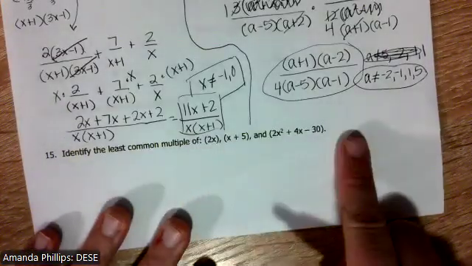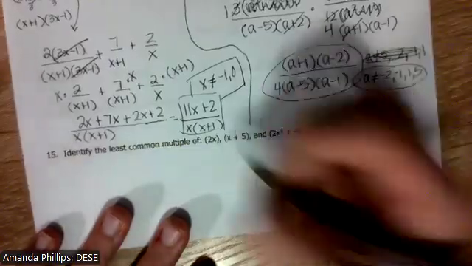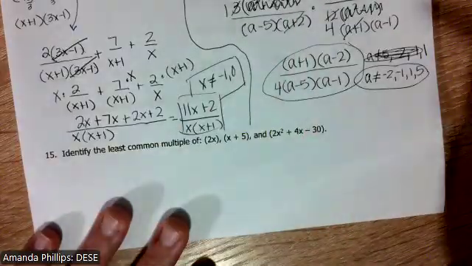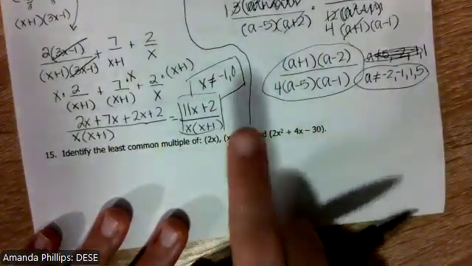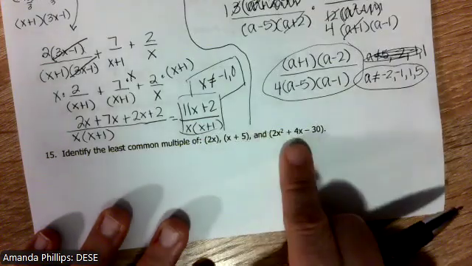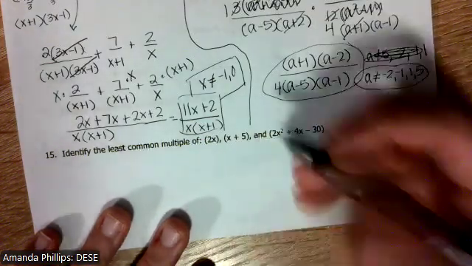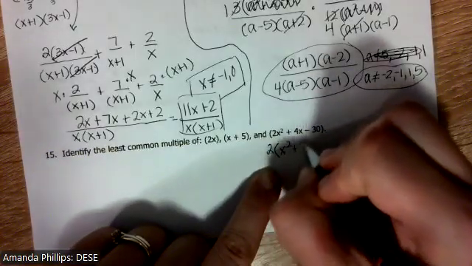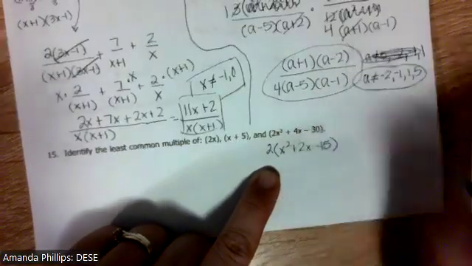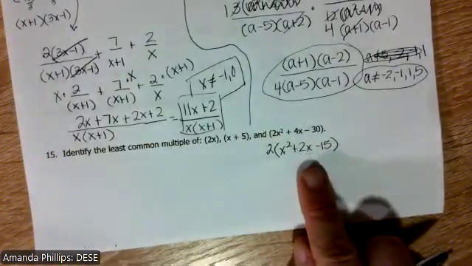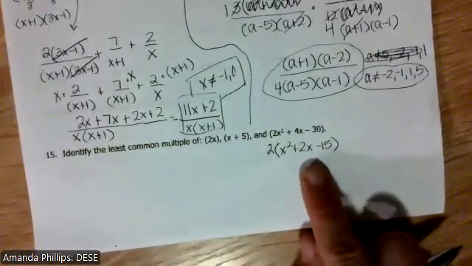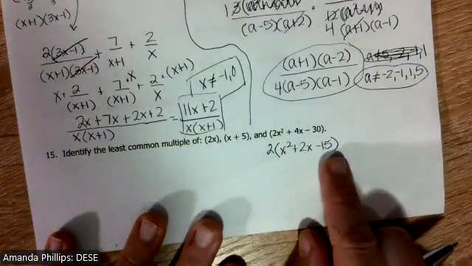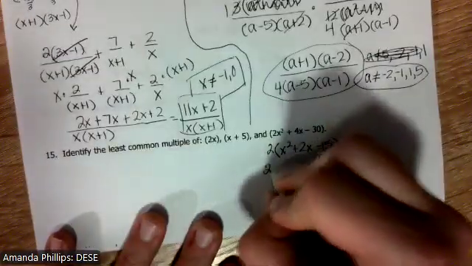So just like we would have done, we're going to factor each of these and make sure every factor shows up. 2x cannot be factored, x plus 5 cannot be factored. This can though. The first thing you look for is a GCF, and I have that. So it's x squared plus 2x minus 15. I'm left with a trinomial, so I'm going to play the magic numbers game since a is equal to 1. What's going to give me -15?